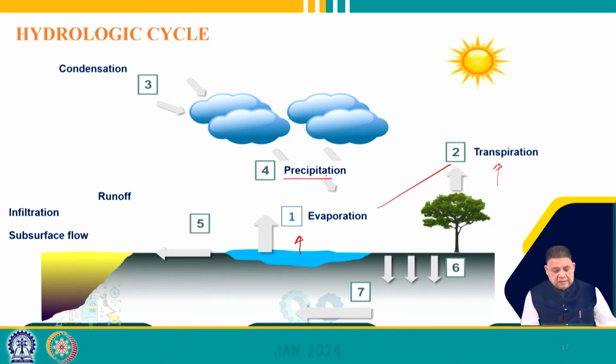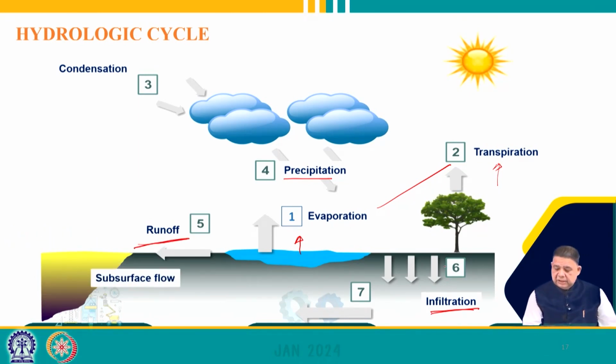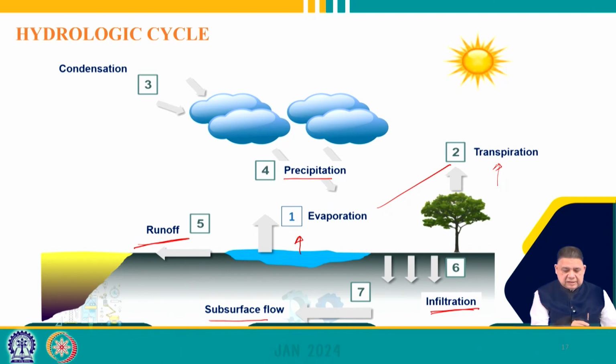When precipitation occurs, water reaches the earth's surface, a part of it gets infiltrated, and the remainder starts flowing on the surface. And also, when the water infiltrates, it goes further down, it percolates, and subsurface flow starts taking place. So, this is what the hydrological cycle is.